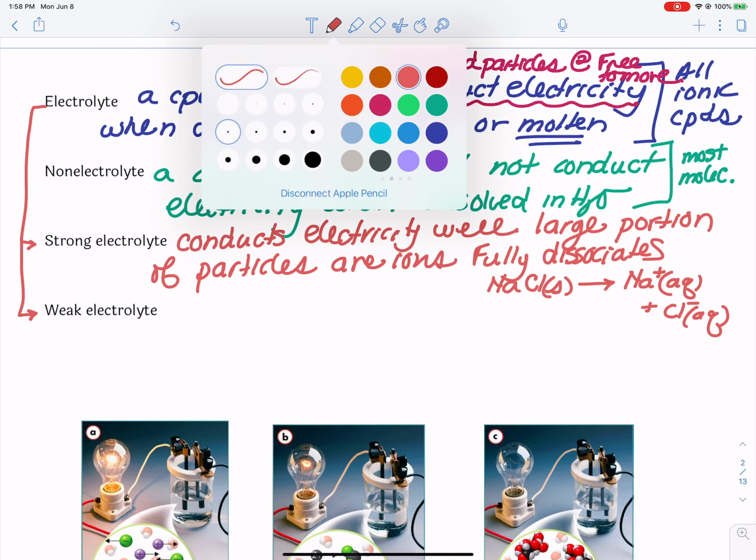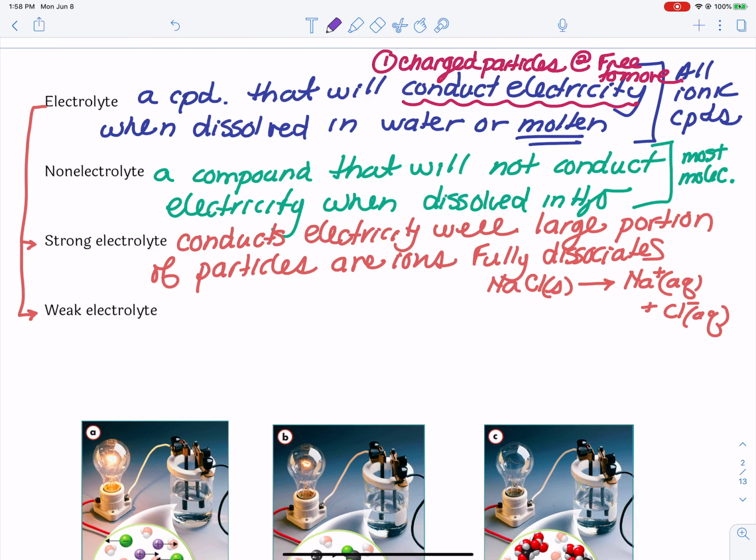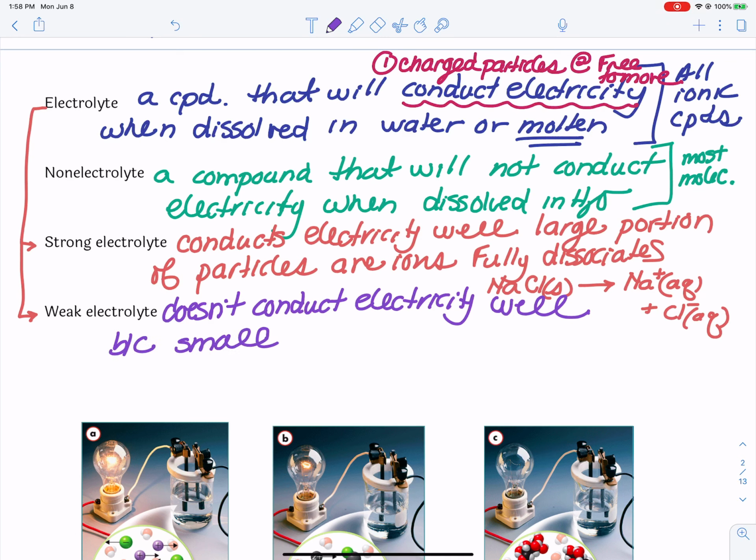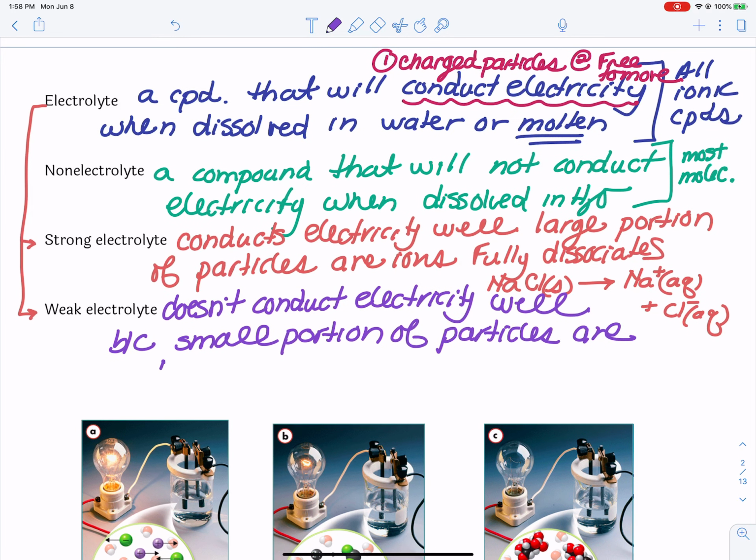So then what the heck would a weak electrolyte be? Well, a weak electrolyte doesn't conduct electricity well. Why doesn't it conduct electricity well? Because only a small portion of the particles are ions.